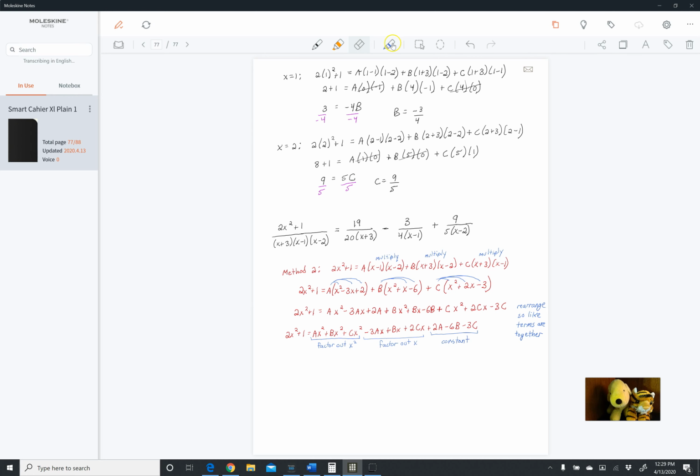So what we have here is 2x squared plus 1 is equal to, we're going to put the x squared back, a plus b plus c times x squared. Then we have plus negative 3a plus b plus 2c times x. And then the last part, we're just going to put it in parentheses so that we know it's together.